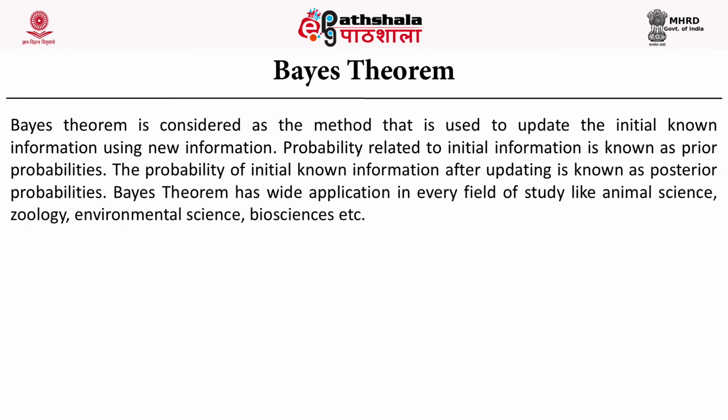The probability related to initial information is known as prior probability. The probability of the initial known information after updating is known as posterior probability. Bayes theorem has wide application in every field of study like animal sciences, geology, environmental sciences, biosciences, etc.